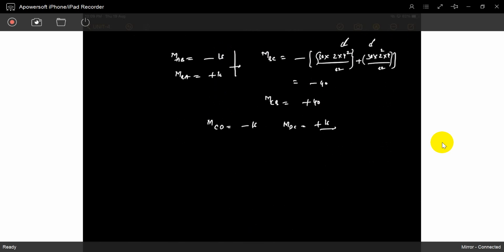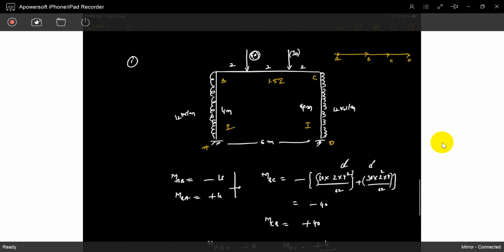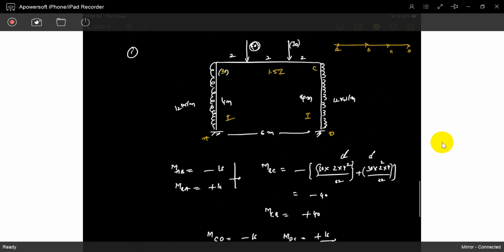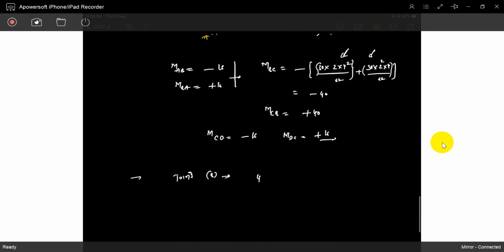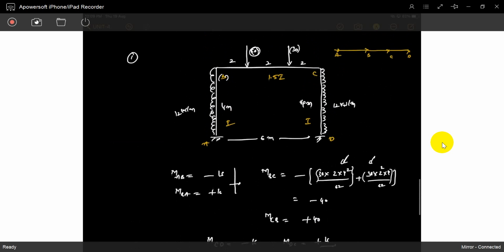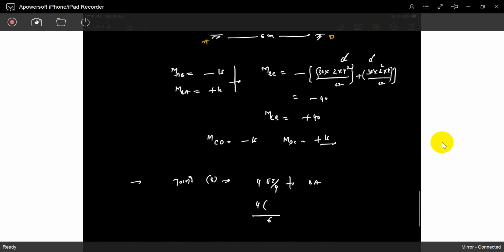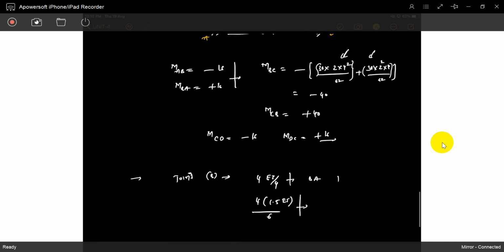Now we can find out the distribution factors. Joint B, C. A is fixed and C is also taken as a fixed intermediate joint. So 4 EI by length. For BA, length is 4. For BC, length is 6, and EI is 1.5, written as 1.5 for easy purposes. 4 into 1.5 by 6 is again 1.